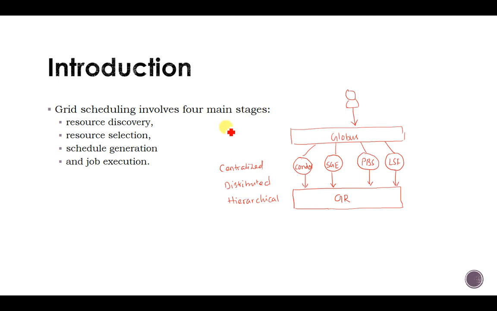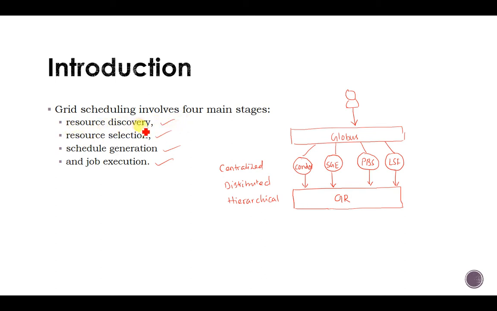Let us begin with the four main stages involved in its working: resource discovery, resource selection, schedule generation, and job execution. From the names, you can easily get an idea of how the working goes.